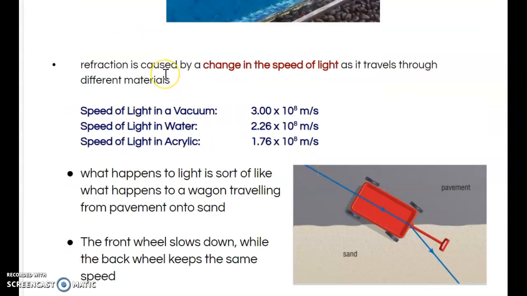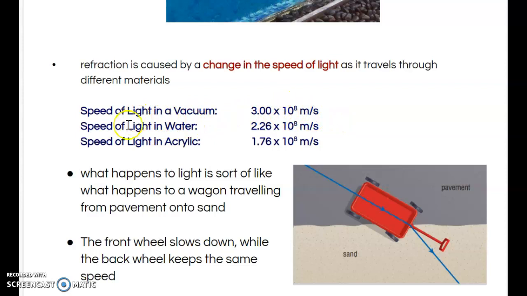So refraction is caused by a change in the speed of light as it travels through different materials. We know that the speed of light in a vacuum is the fastest thing that we know in physics. Light can travel through a complete vacuum, and electromagnetic waves are the only waves that can travel through a vacuum, and we know that light travels at 3.00 times 10 to the 8th meters per second.